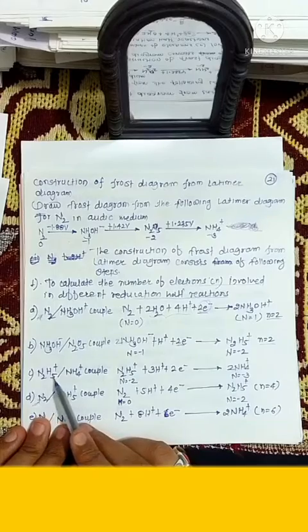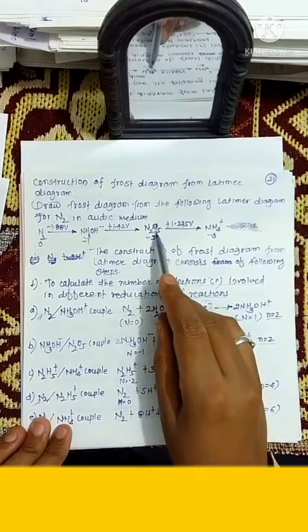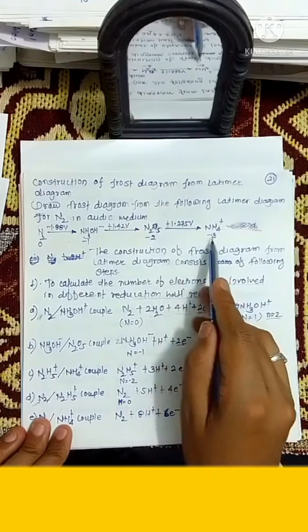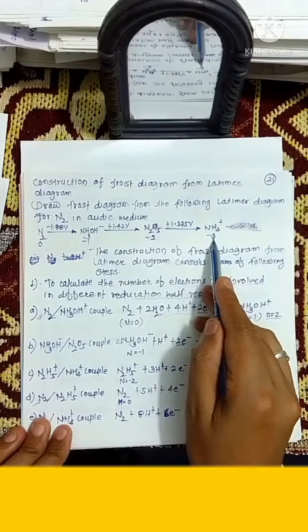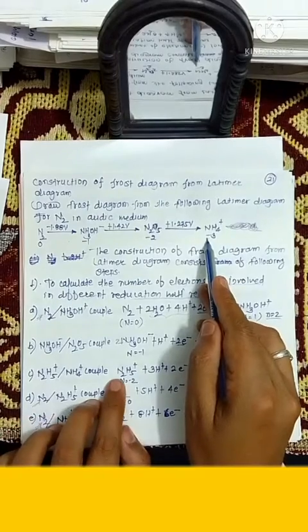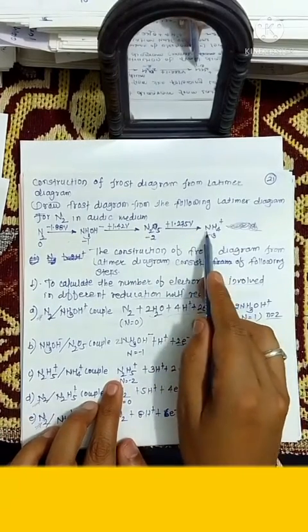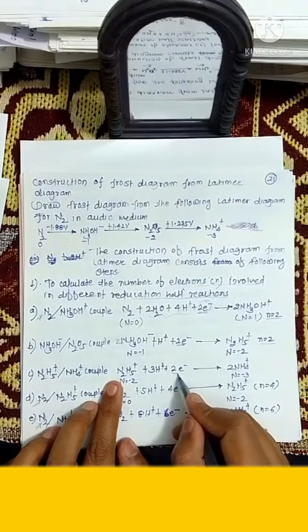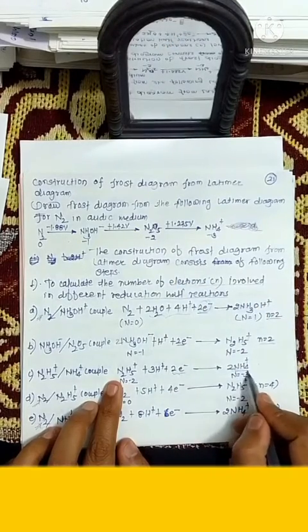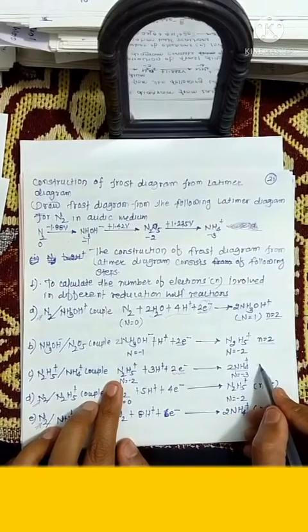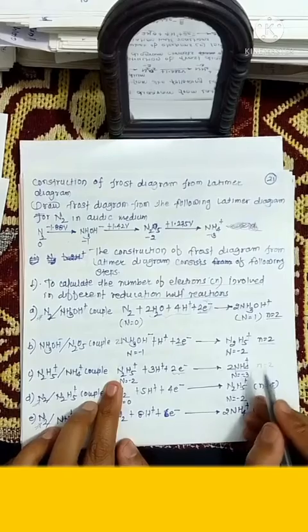Now just see, from N2H5 plus to NH4 plus, -2 to -3, so it is one electron change, but to balance the number of nitrogen we have to multiply it again with 2. So in this reaction also the number of electrons is 2.